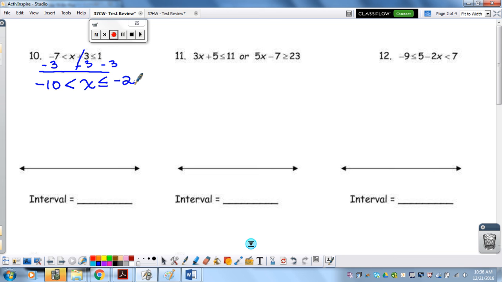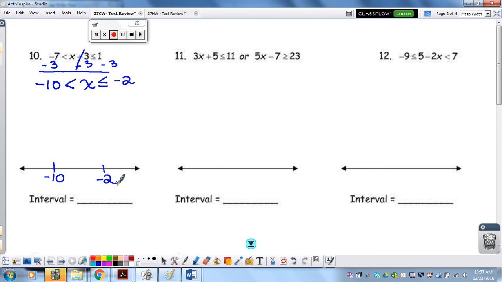So you got to make sure that you read that. Is negative 10 definitely smaller than negative 2? It is. So that's why it is okay. So now what we're going to do is we're going to graph that. So I put negative 10 because it's smaller than negative 2.